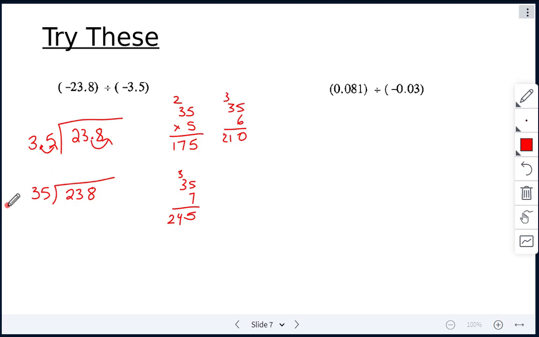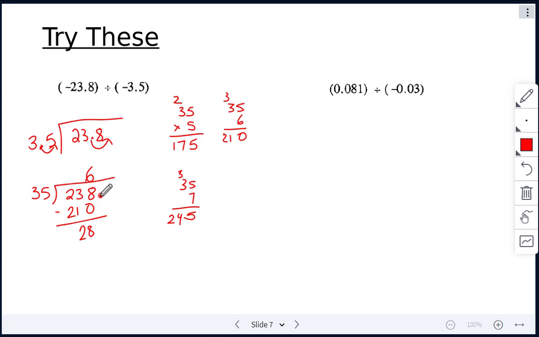It's 238 divided by 35. All right, so closest to 238 without going over was 35 times 6. All right, so 35 times 6 is 210. And then we subtract, and that gives me 28.